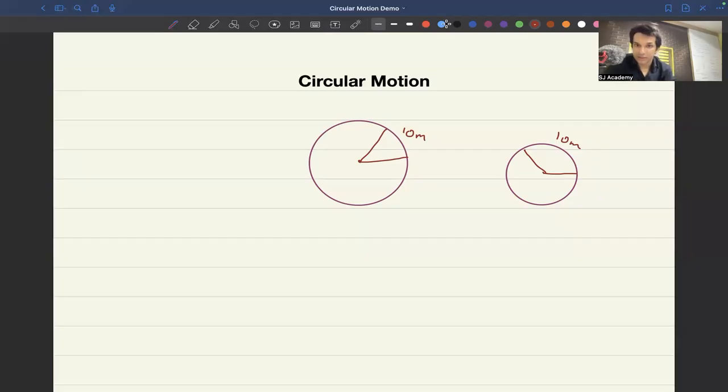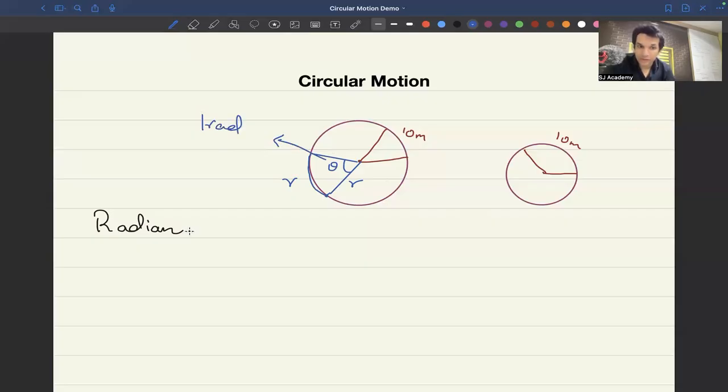Now, to understand the change of angle, the first thing is we'll have to know what a radian is. I will just use a circle to represent what a radian is. Let's say this circle has a radius of r, and if a point on the circle moves a distance of r on the circumference, the angle formed over here is called 1 radian.